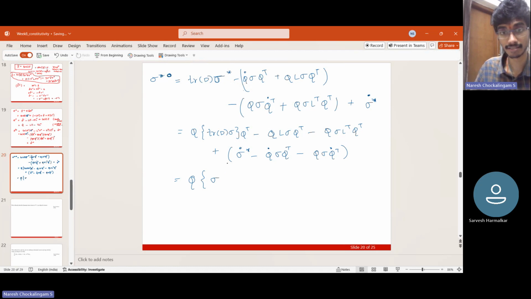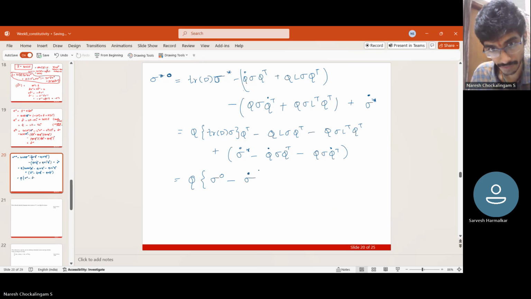So these are the terms in the Truesdell stress rate minus something else. So it is the Truesdell stress rate minus sigma dot. Okay, have it as it is. From the second term, what do we see?